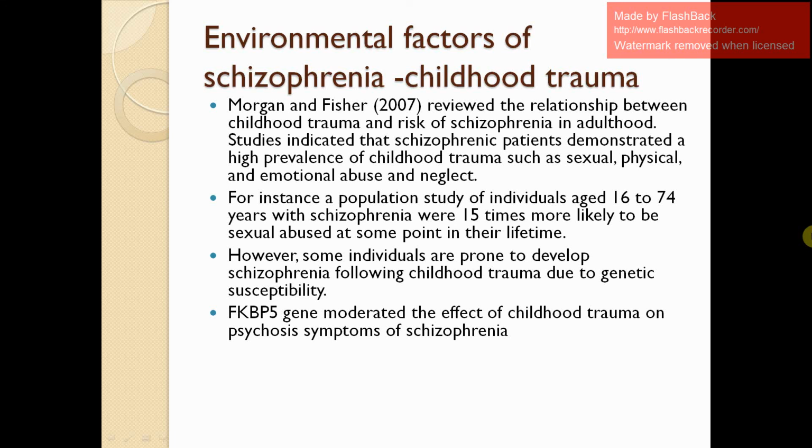For instance, a population study found that individuals aged 16 to 74 years with schizophrenia were 15 times more likely to be sexually abused at some point in their lifetime. However, some individuals are prone to develop schizophrenia following childhood trauma due to genetic susceptibility. The FKBP5 gene moderated the effects of childhood trauma on psychosis symptoms of schizophrenia.